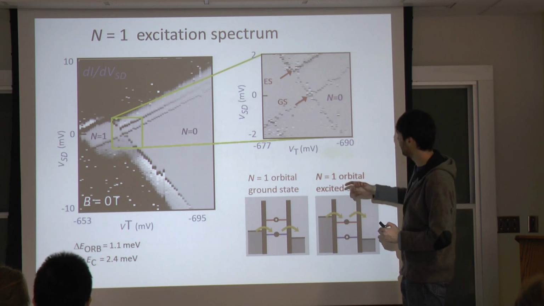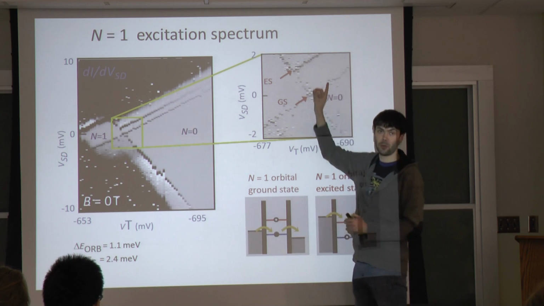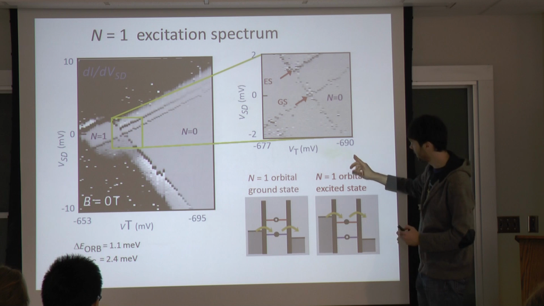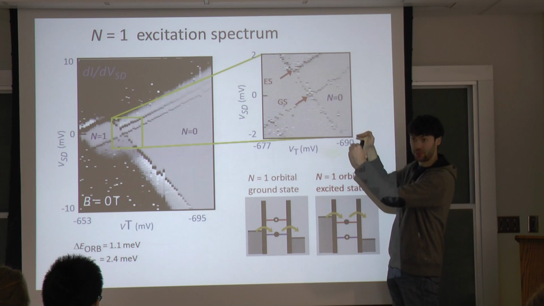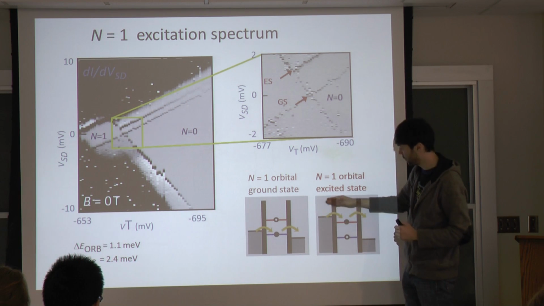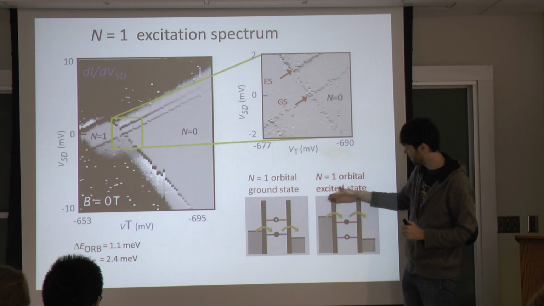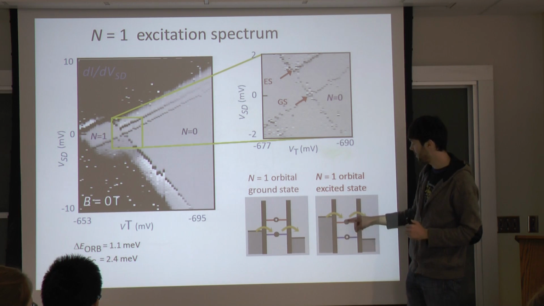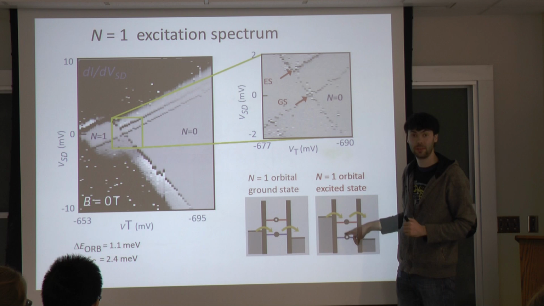OK, so once again, these extra lines that show up, they are simply when you increase the source-drain bias. You raise the difference between the chemical potentials on the source and the drain, and the two levels fit in between the source and the drain, the ground state and the excited state.